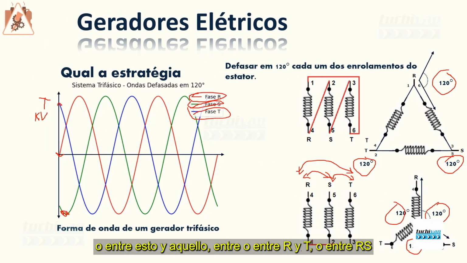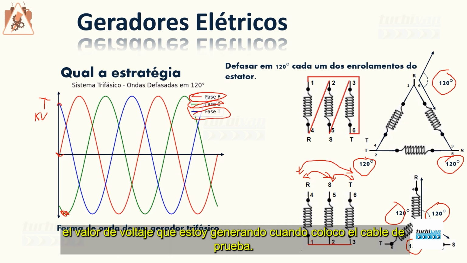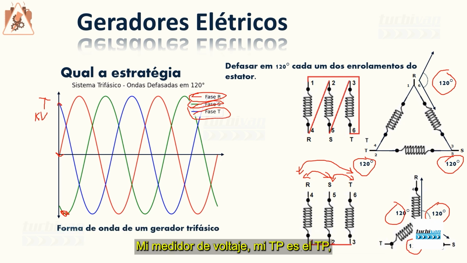The TP is a voltage transducer widely used in generators, that you always put on the bus to be able to measure the tension that exists between each of the 2 phases.